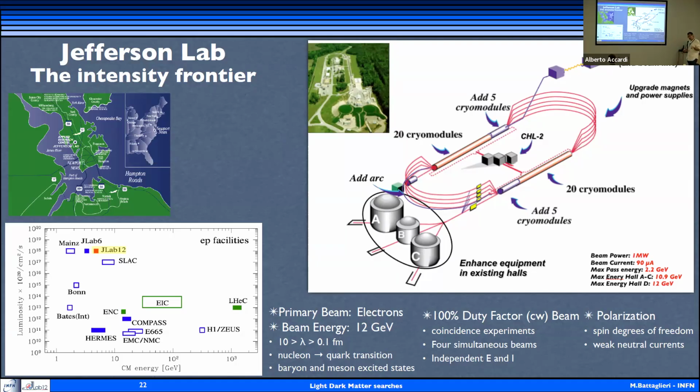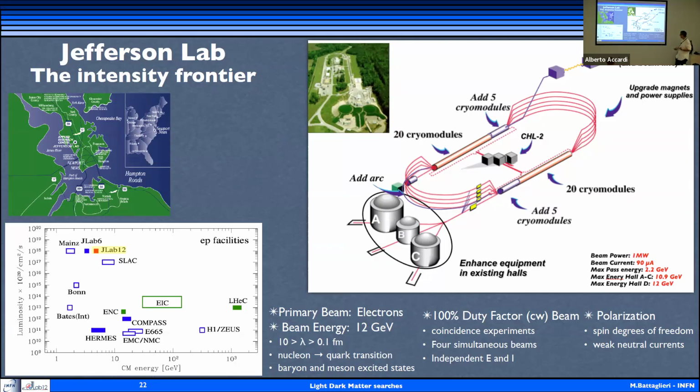The second point is about the intensity, because we are saying that these particles are weakly interacting with standard model particles. So we need to inject a lot of electrons that produce a lot of gammas to be sensitive, to explore a parameter space that makes sense. So we need a very high intensity beam.